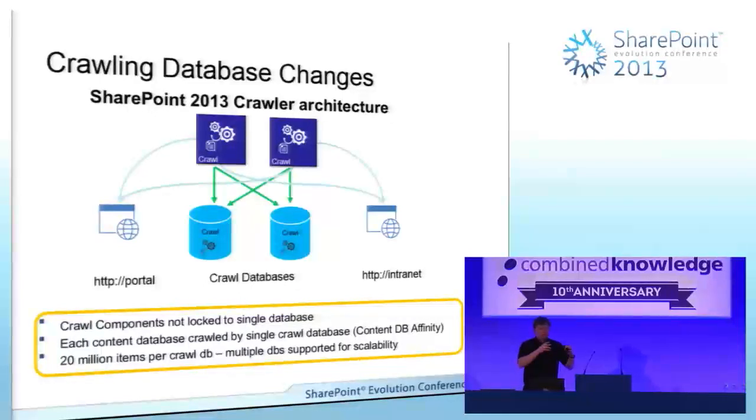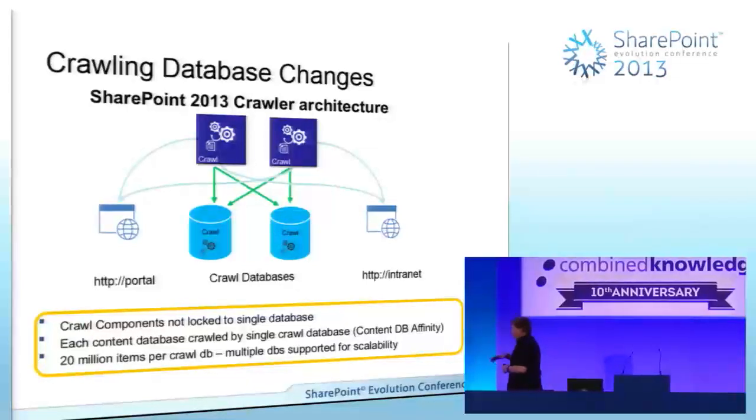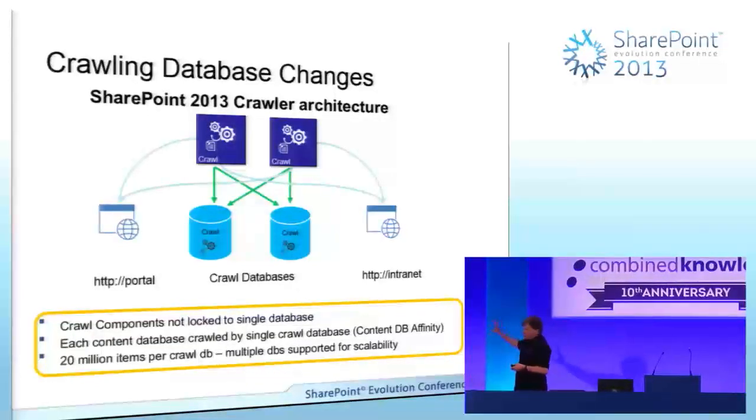Whereas in previous versions we had a URL or a single host name or start address contained inside one database, now we can take all of the content databases within that web application and they get spread across multiple crawl databases. So it's a different level, a step lower in the logical architecture of the platform. It means we can spread more information across more crawl DBs.